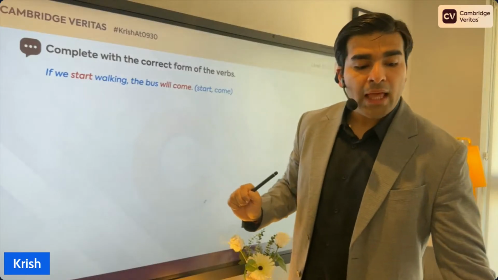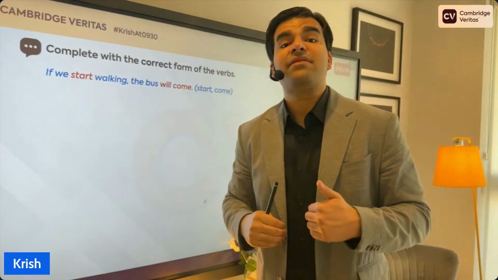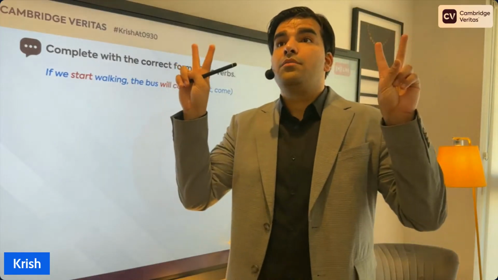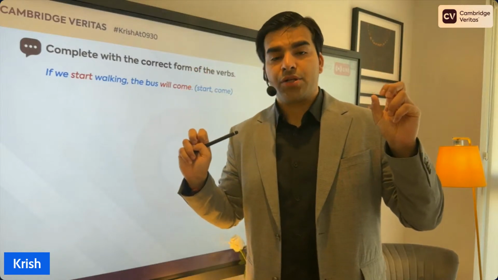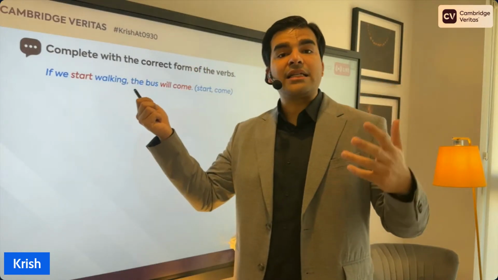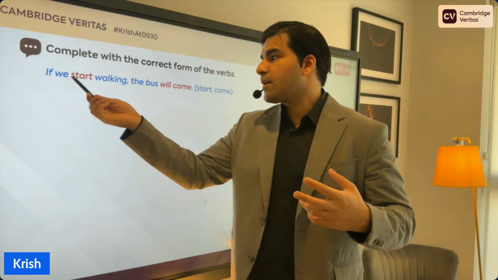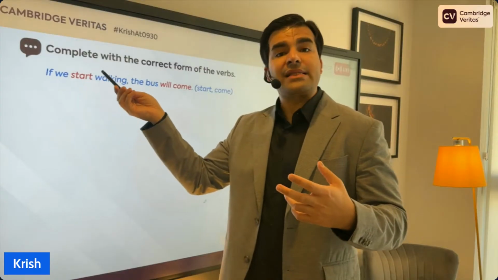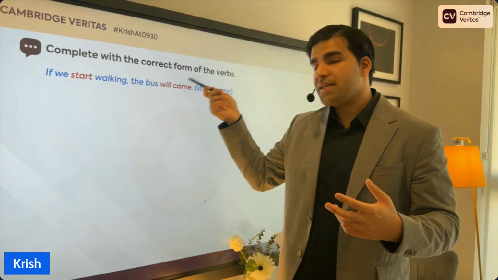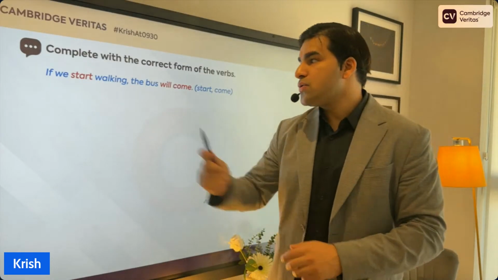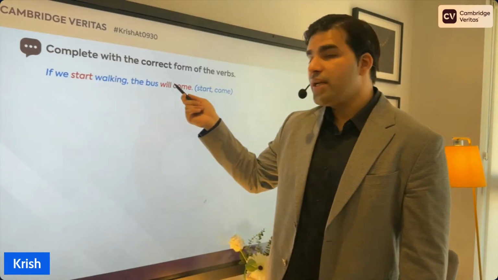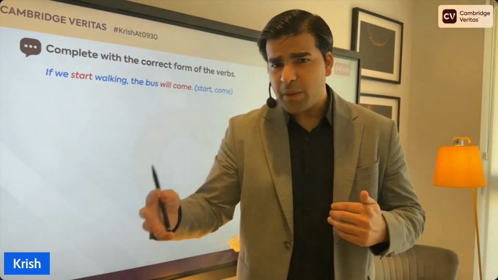Okay. I have seen 95% of proficient speakers of English say this sentence incorrectly, and they speak like this: if we will start walking, the bus will come. They use will here also, will here also. Observe people around you.